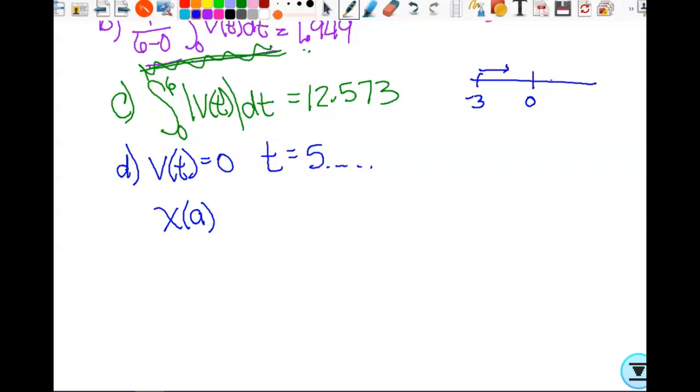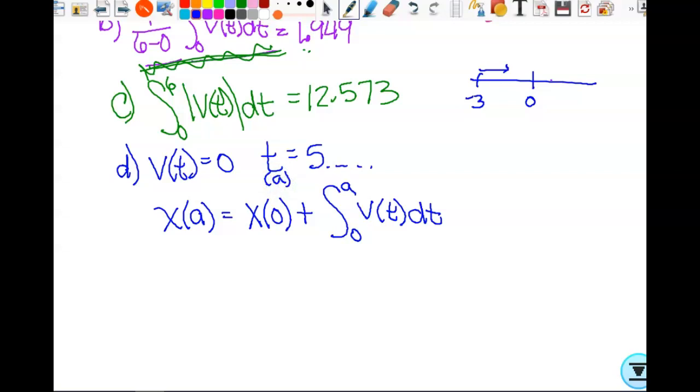So this x of a is going to have to be equal to x of 0 plus the integral from 0 to a of the velocity. I'm going to integrate velocity from 0 to a. That's the value that we stored, right? This is really a.